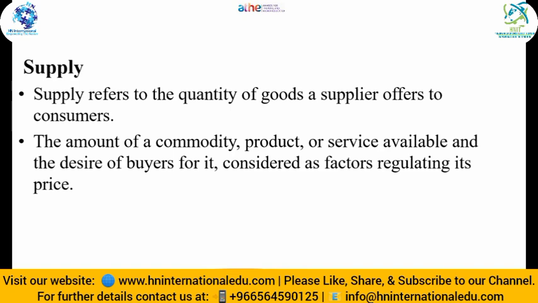The commodity means the product, the service, or any other thing that a business is about to sell. The amount of that commodity available and the desire of the buyer to purchase it are the factors that will regulate its price.